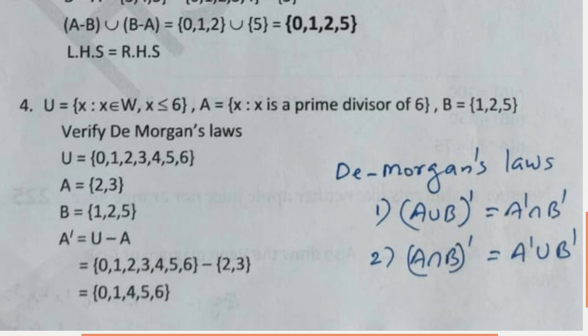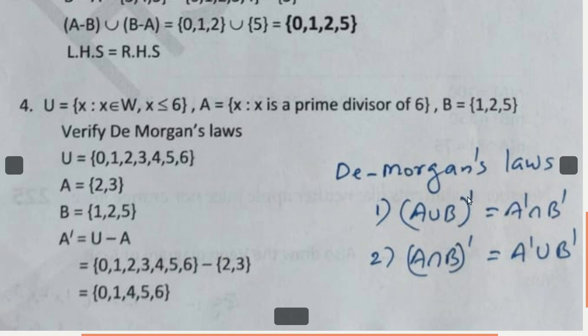From here, which are the prime numbers? 2 and 3 only. 2 and 3 are the prime numbers as divisors of 6. So A is equal to 2, 3. Then B is also given as the set 1, 2, 5. Then we have to verify De Morgan's law. So what are De Morgan's laws? These are De Morgan's laws.